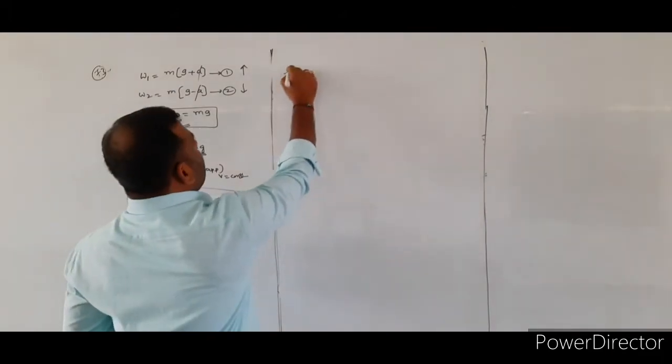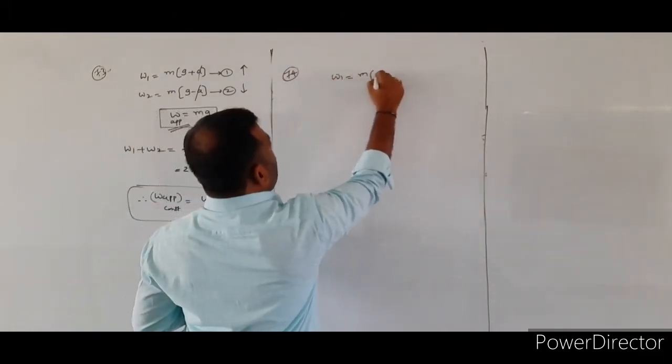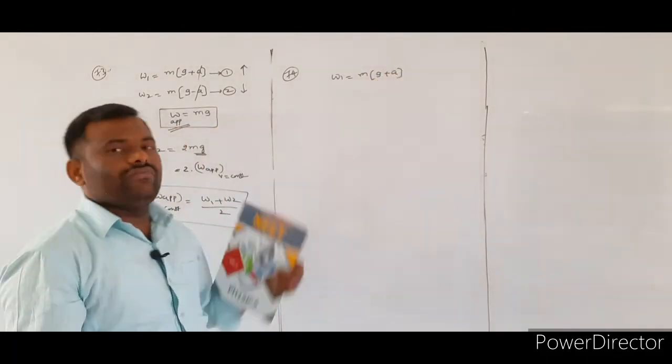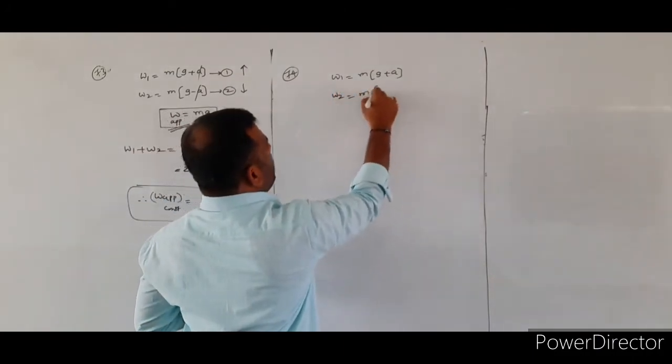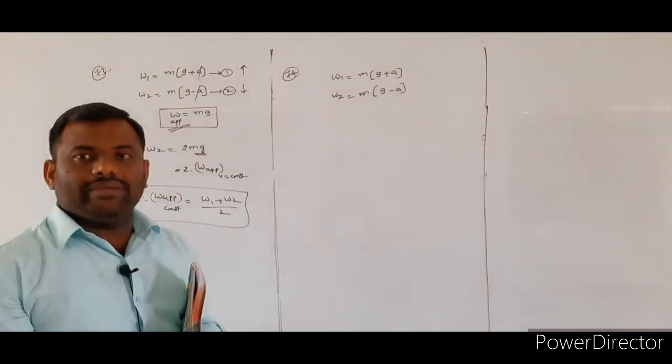Whenever the lift is moving in the upward direction, W1 is equal to m into g plus a. So W1 will be more. Whenever the lift is moving in the downward direction, apparent weight is equal to m into g minus a.